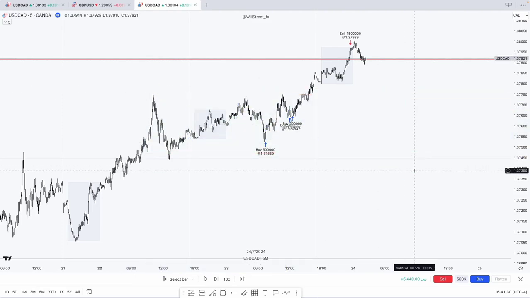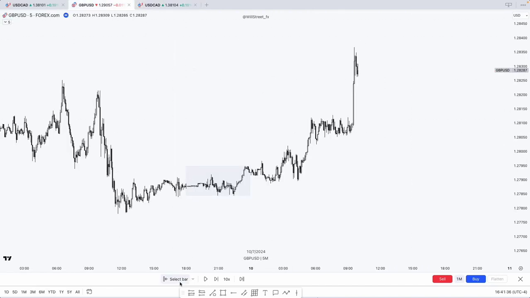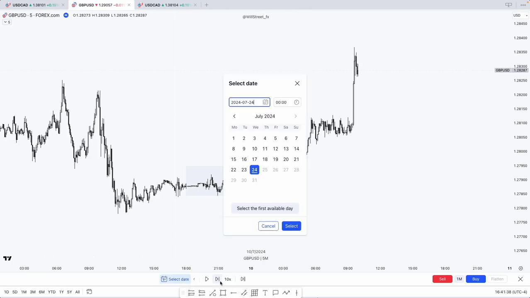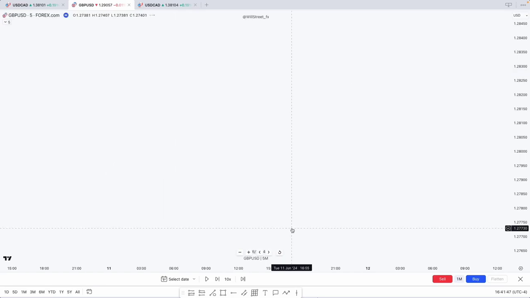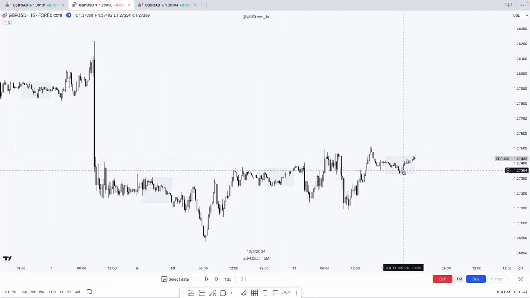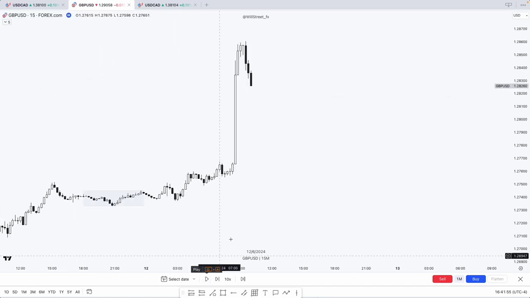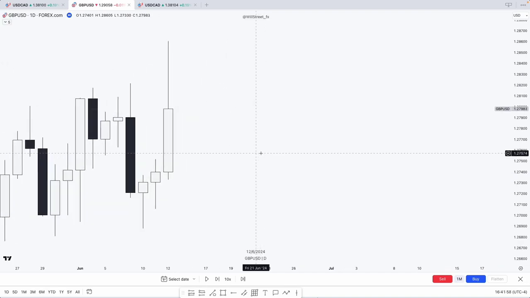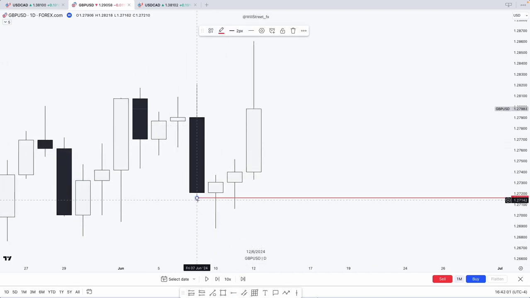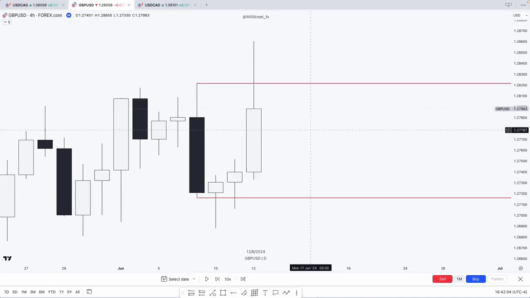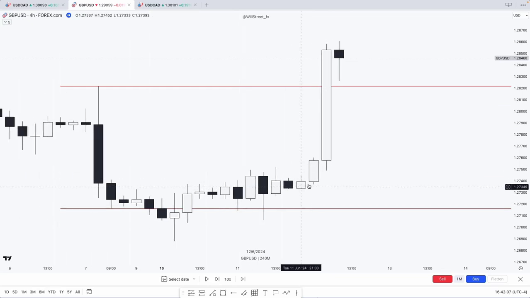Okay, let's find out another example. GP. Okay. Clean R. So let's go to lower time frame. In this case, I think we had some SMT here on EU.